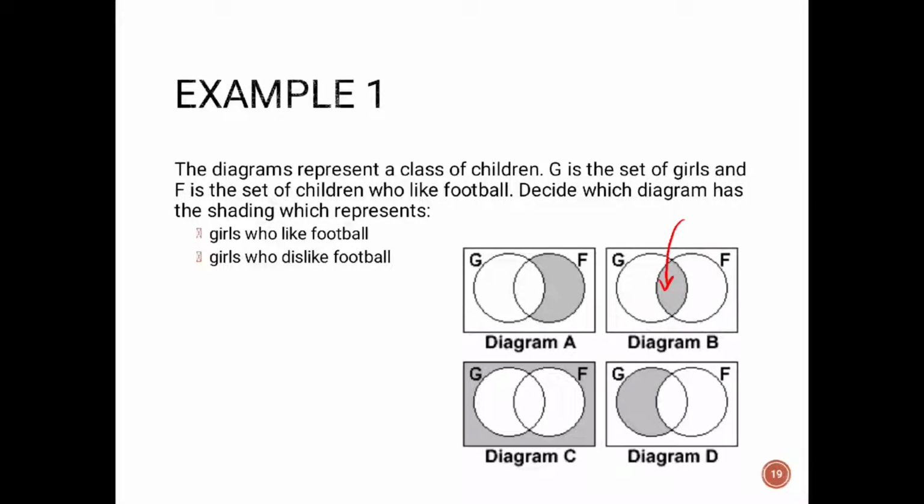And then we have the next situation, girls who dislike football. So it would be diagram D. Because if you think it's C, outside the circle does not represent girls.